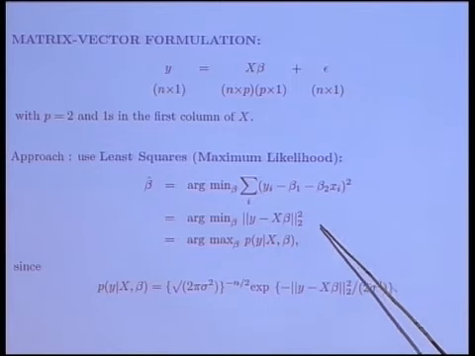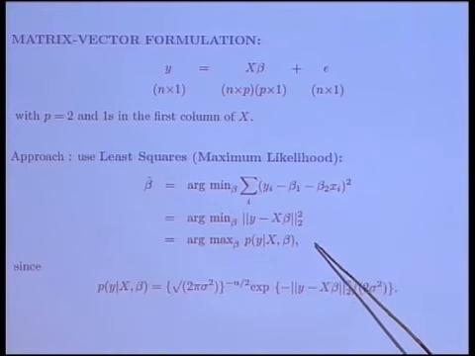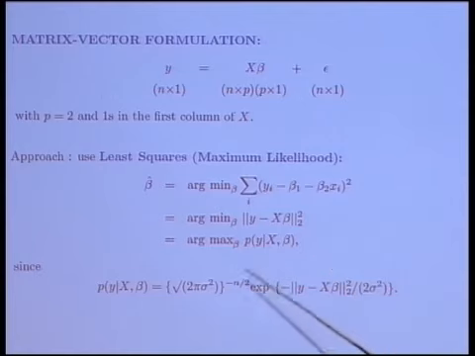If we have this normal Gaussian assumption about the errors, then this beta hat is also a so-called maximum likelihood estimate. This is the formula for the underlying distribution, and obviously a beta value that minimizes the sum of squares function maximizes this.